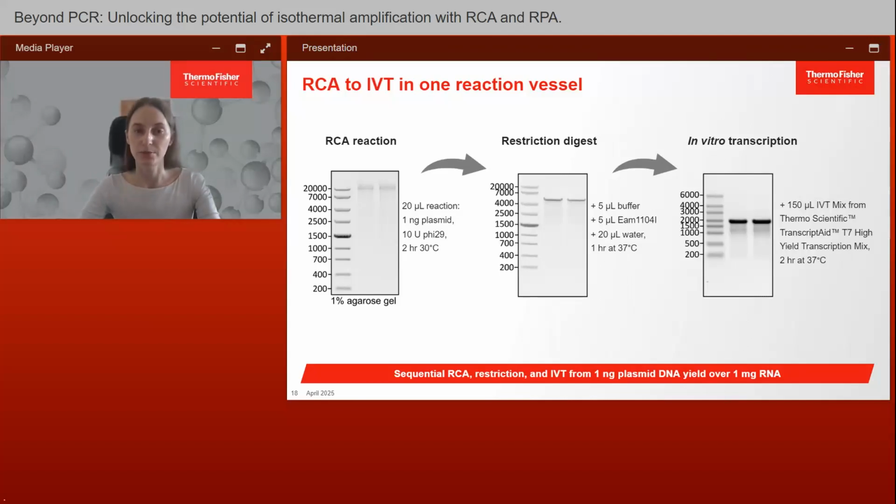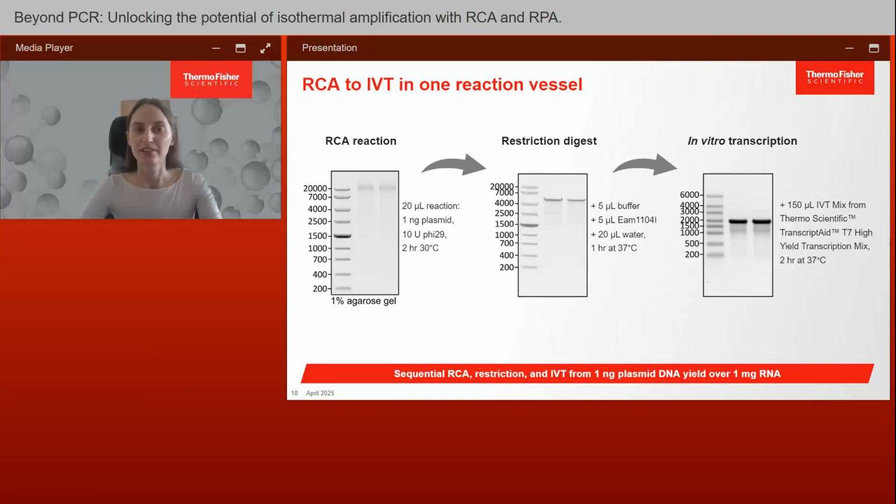This sequential process, RCA, digestion, and IVT, from just 1 nanogram of plasmid DNA can yield over 1 milligram of RNA. In comparison, to achieve the same RNA yield with a purified plasmid template, you would require 10 micrograms of plasmid input. So it reduces the amount of required template.